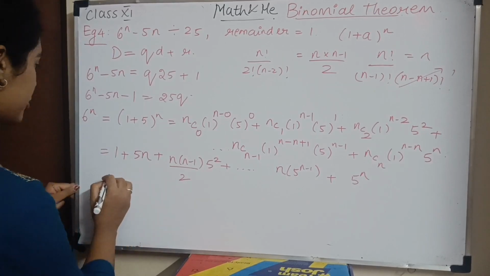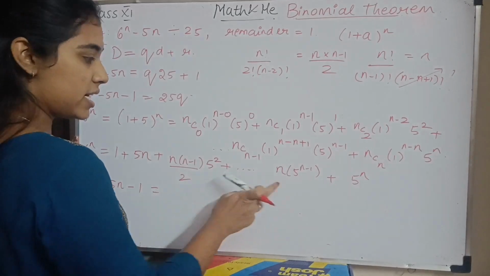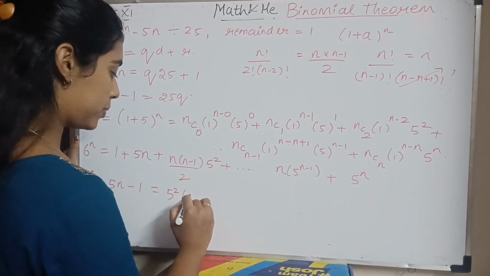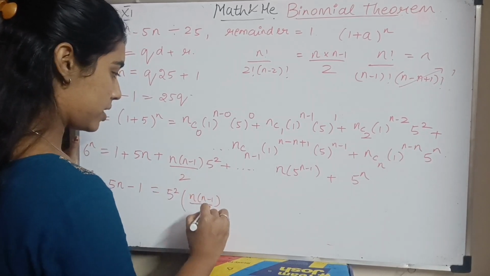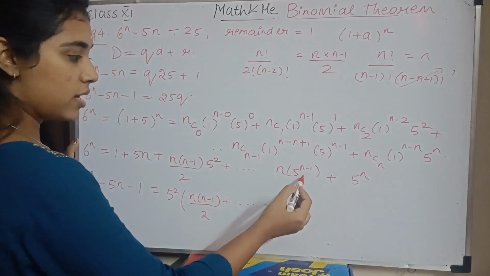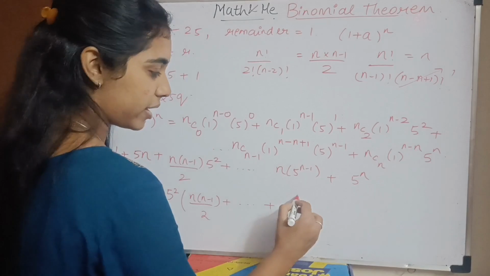Okay. So what I'm going to do, I'm going to take this to the other side. 1 to the other side, 5n to the other side. So I have 6 to the n minus 5n minus 1 equals, I'm going to take the 5 squared outside, because do you see I have multiples of 5. So when I take 5 squared outside, I'm left with n(n minus 1) divided by 2 plus and so on plus, what does this become? When I take 5 squared outside, I'll be left with n minus 1 here.